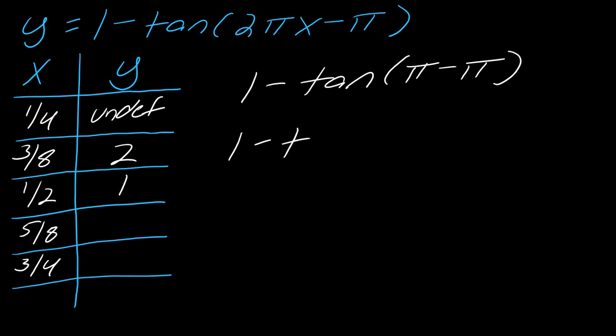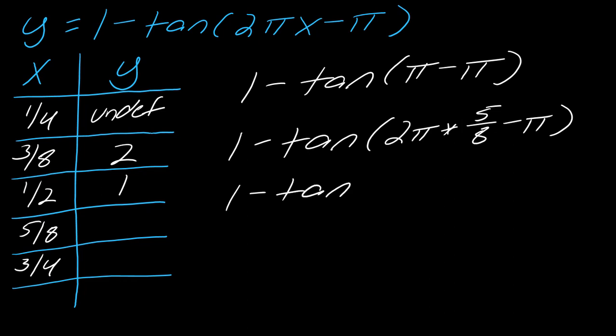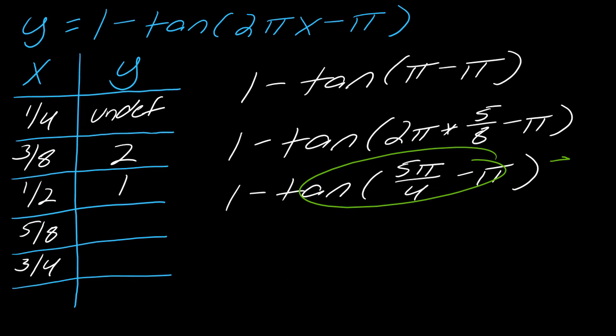And then 1 minus tangent of 2 pi times 5/8 minus pi, so this is 1 minus tangent of 5 pi over 4 minus pi, so that gives me just pi over 4, which I know equals 1. So 1 minus 1 equals 0, of course. And then the last one's going to be undefined because that was supposed to be my other asymptote. Okay, so now we're ready to rock and roll.